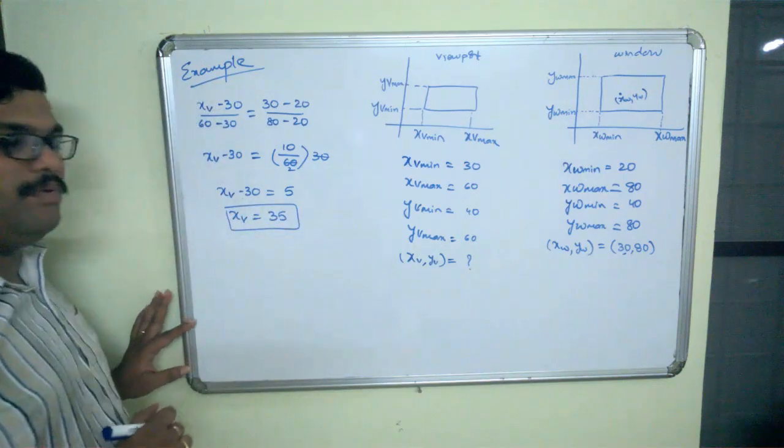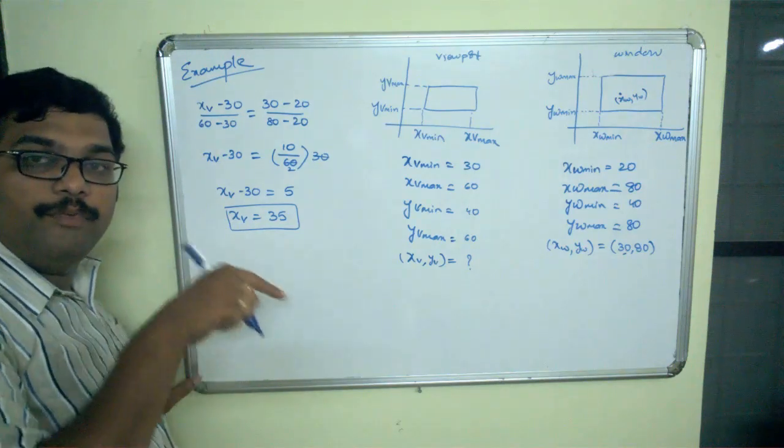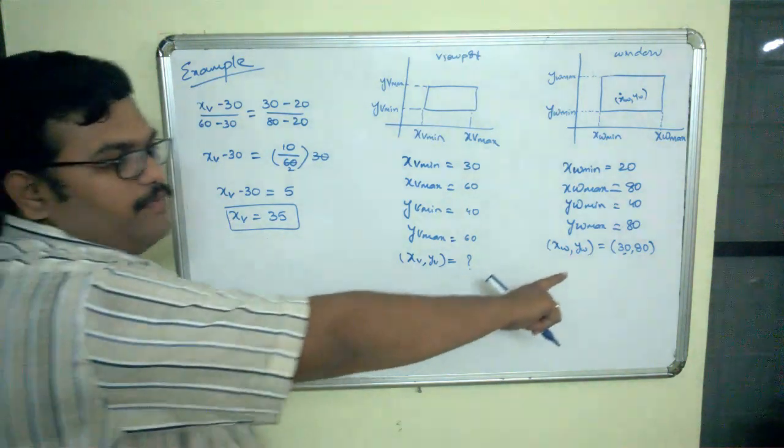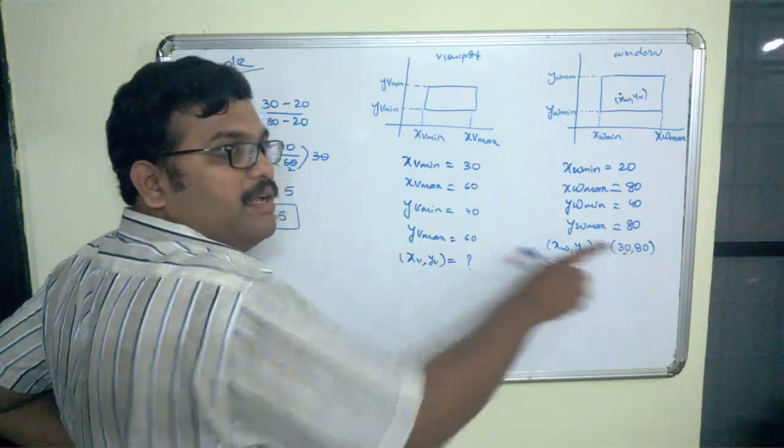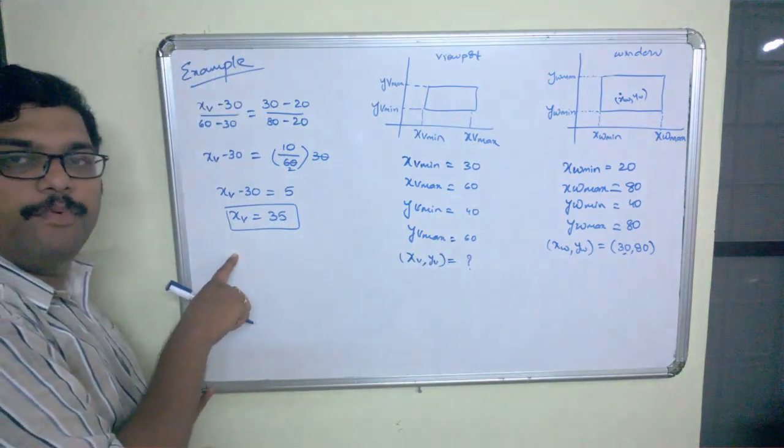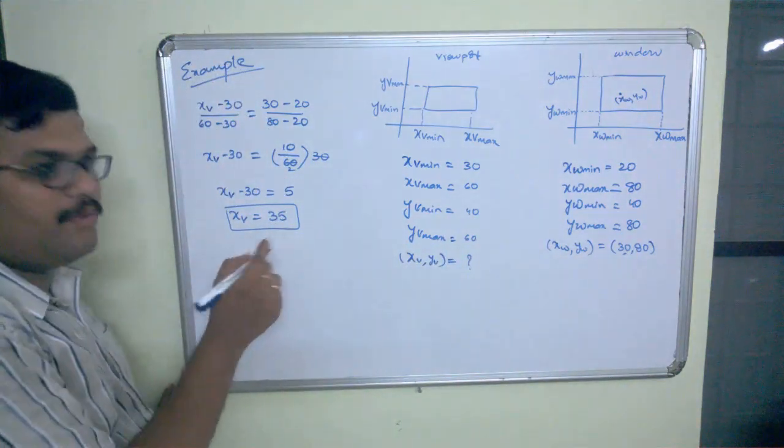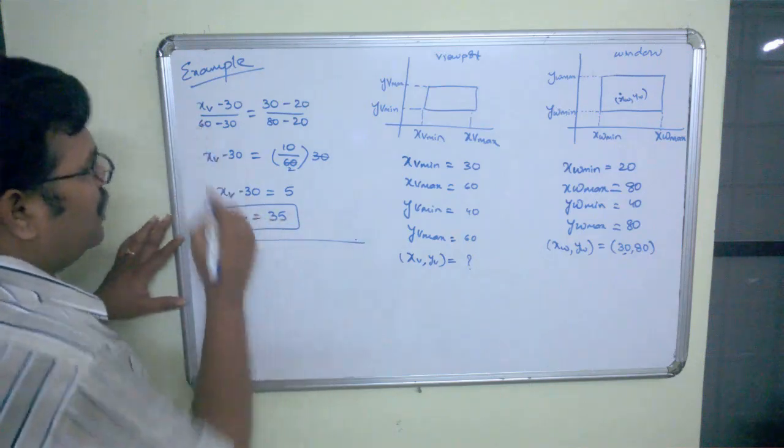So the x coordinate in the viewport is 35, but the window coordinate x is 30. Now find out the y coordinate also.